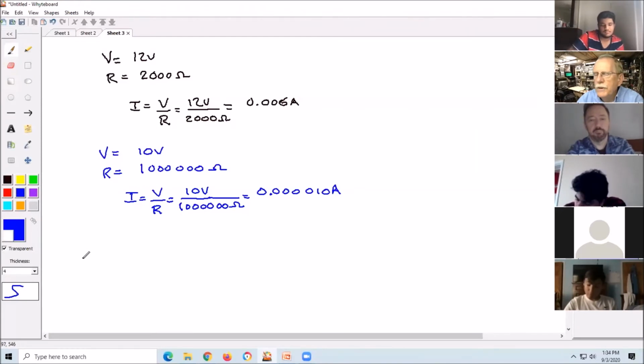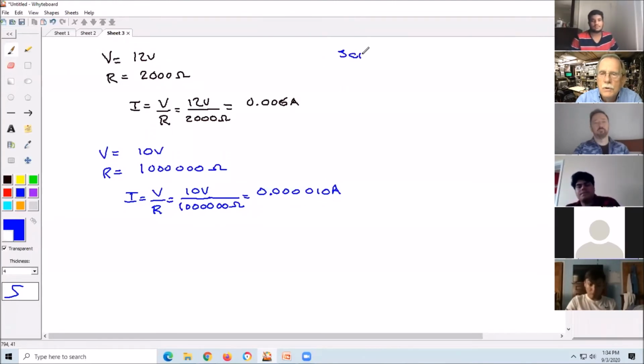Pretty soon we figure out that all of these zeros, both here and here, get to be a pain in the neck. They figured that out a long time ago, and they came up with what you've heard about in a science course before, scientific notation.